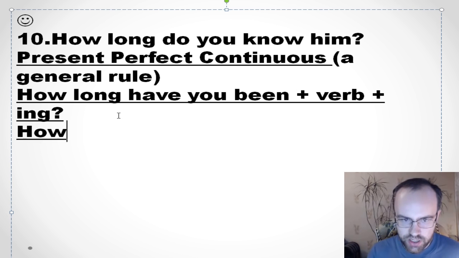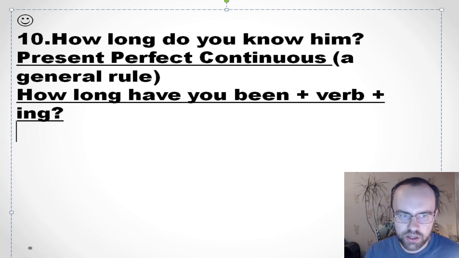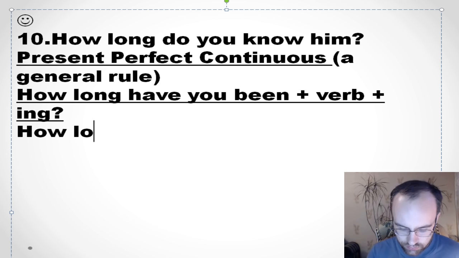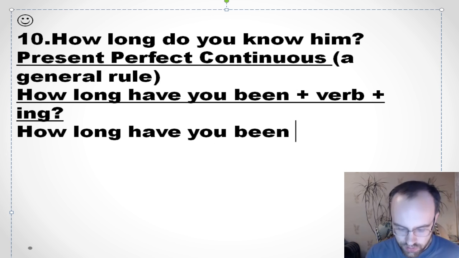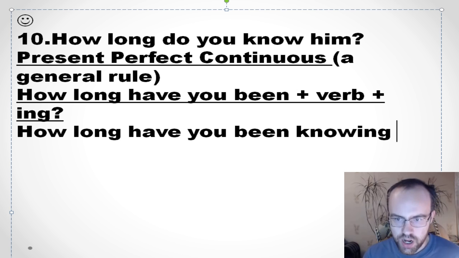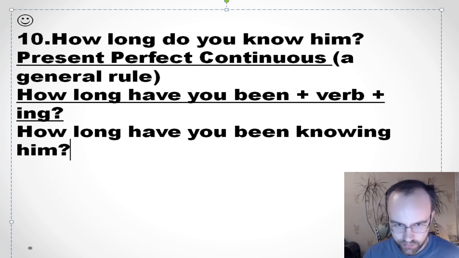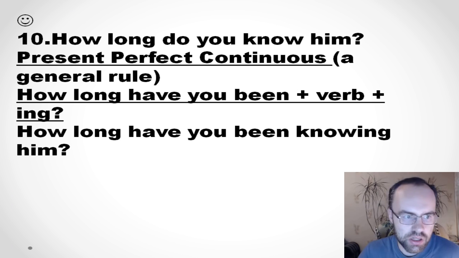And many students say, how long have you been knowing him? But it's incorrect again. Why is it incorrect? We talked about it, and I hope that you remember it.